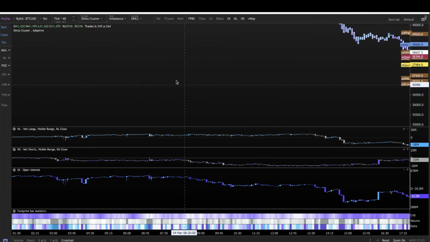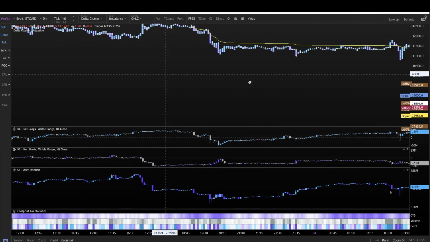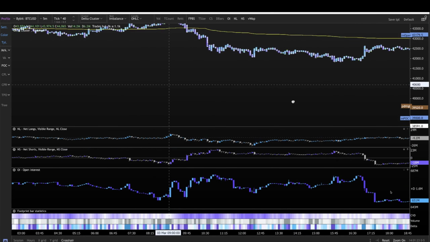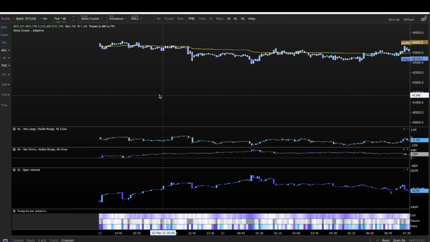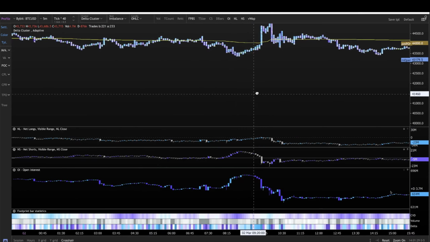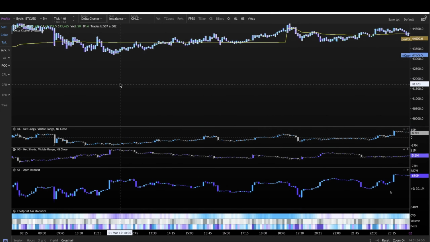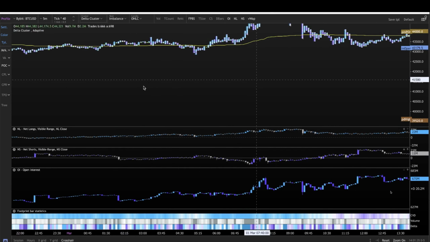That's how we want to think of it. We can tell exactly why price is moving in a certain direction. And if we can see that millions and millions of long dollars are pouring into the market, that's giving us confirmation that the price is going to continue upwards because there's actual money coming in to move the price up, and it's not just shorts closing out of their positions.